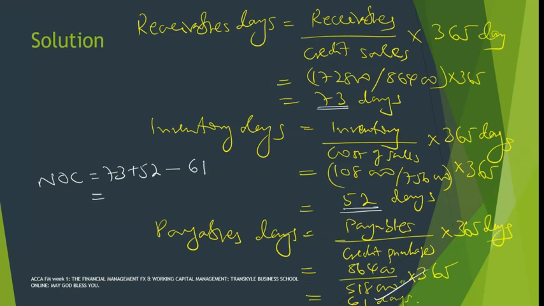Let us determine the value there. 73 plus 52 minus 61, we get 64 days. So simple, isn't it? Very simple.